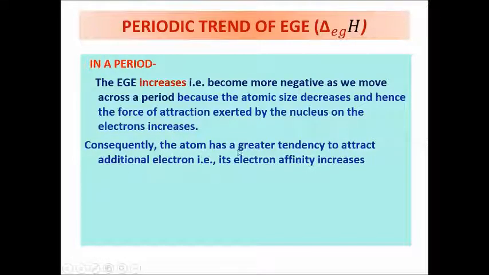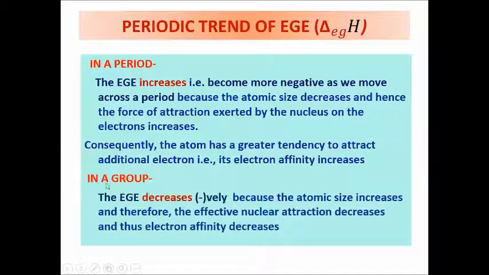Consequently, the atom has a greater tendency to attract electrons, and that is why its electron affinity increases along the period. If we take a group, what happens? The electron gain enthalpy decreases because the atomic size increases and the effective nuclear charge decreases, and thus the electron affinity also decreases. So this is the trend along the period and also in a group.